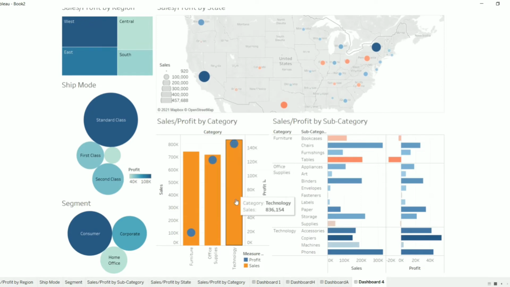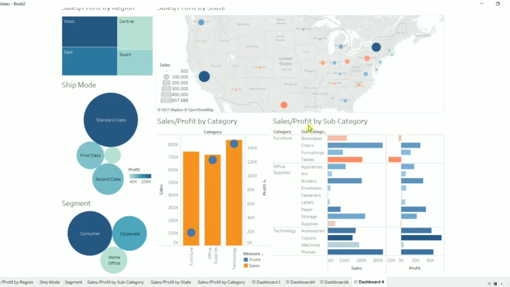We can see that Technology has a high amount of sales overall, followed by Furniture and Office Supplies. The profit for Technology and Office Supplies is pretty fine, but the profit for Furniture is low, and so as a business manager I need to pay attention to it.